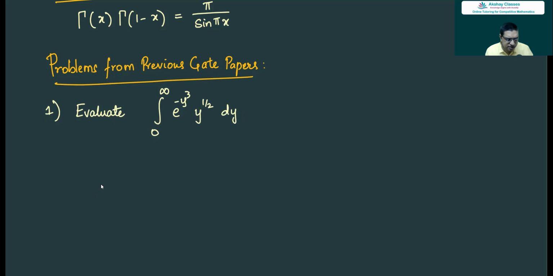Of course, this question was a multiple choice question, not a numerical evaluation question. It can be a numerical question also, but this was a multiple choice question in one of the GATE papers.